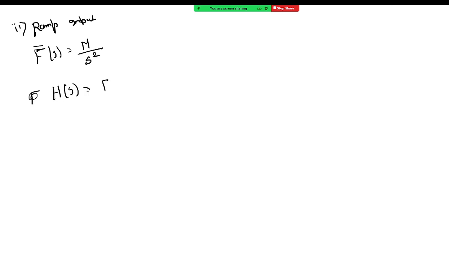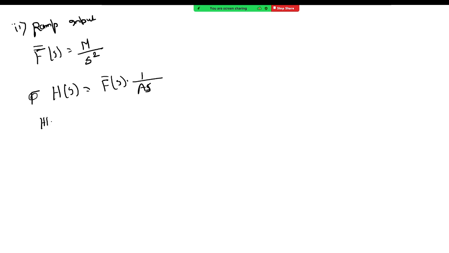Now second, for ramp input. What is our ramp input? The ramp input will be F bar(s) equals M divided by s square. We are interested in knowing the value of H(s), which equals F bar(s) into 1 upon As.